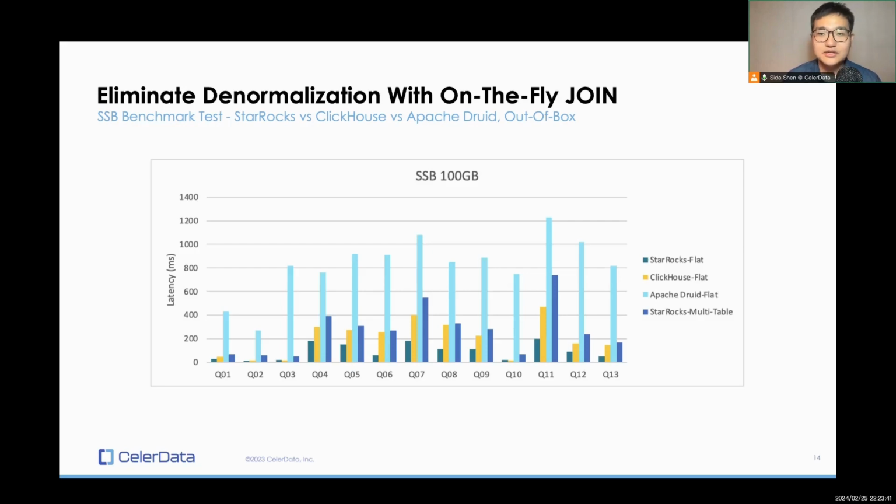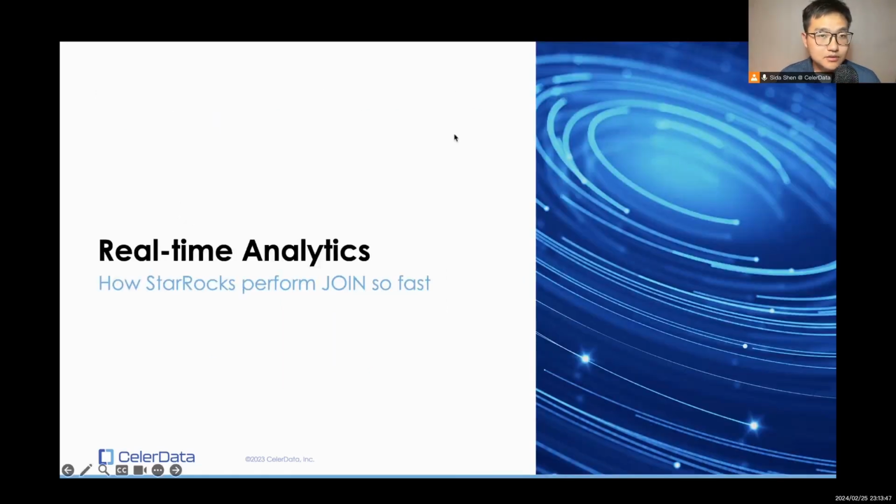So this says a lot about StarRocks join performance. So the question to ask is, how does StarRocks get this amazing join performance? And in this session, we're gonna dive a little deeper into the StarRocks features that enable this join performance.